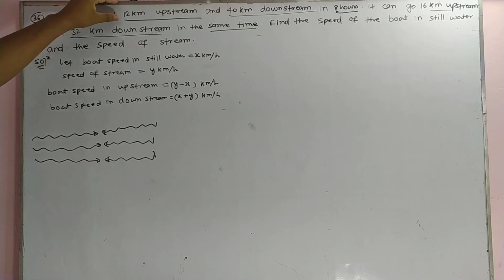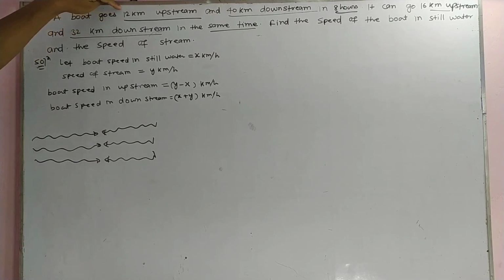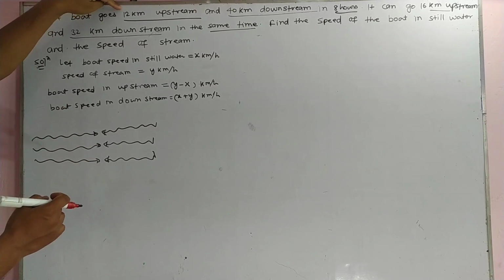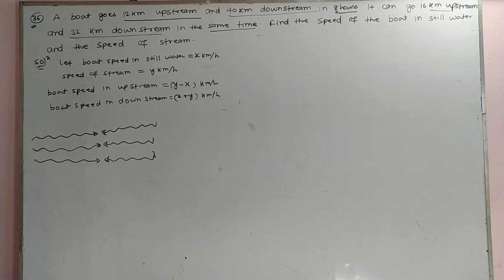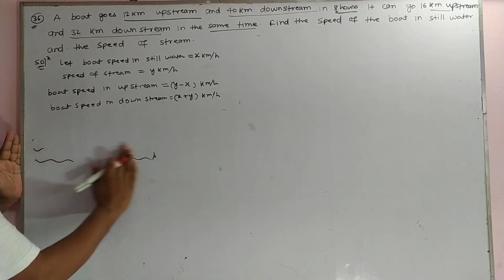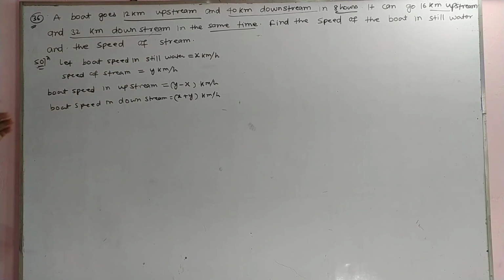Suppose a boat goes 12 km upstream and 40 km downstream. I think there is no need of any drawing here.